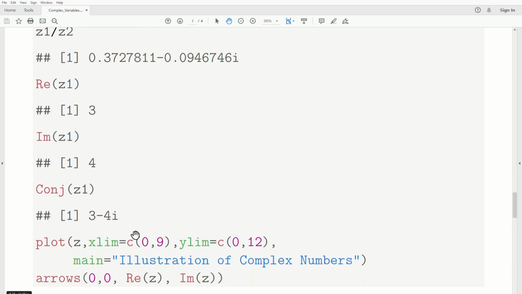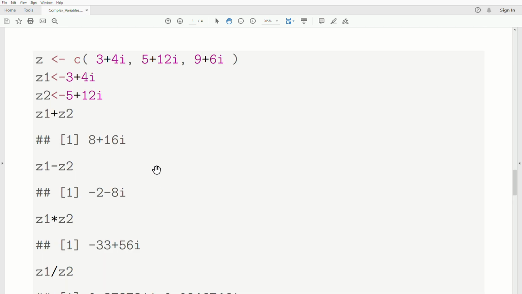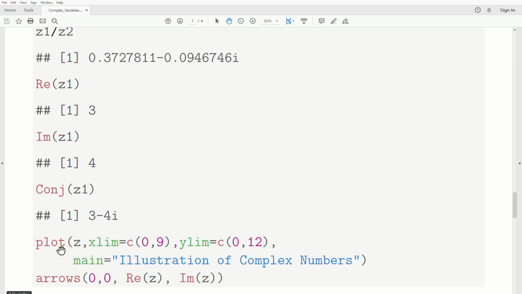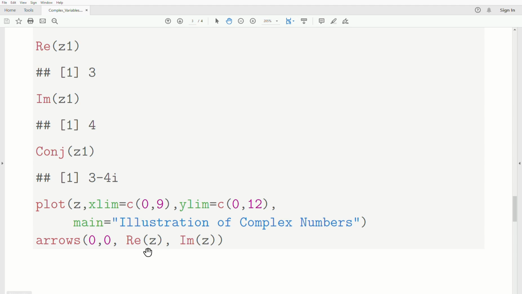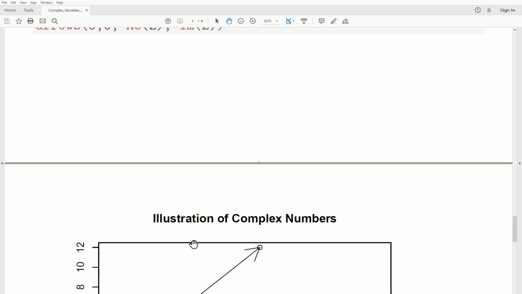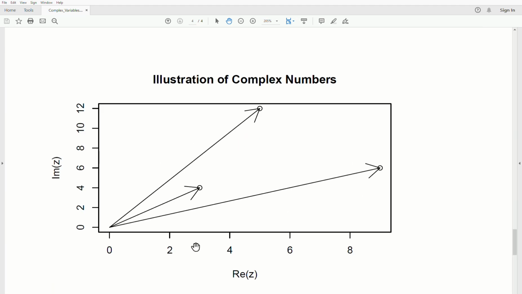We can plot complex numbers. So z was this vector of complex numbers. If we plot z, it automatically creates the Cartesian coordinate system and puts those dots. And then I use the arrows function to create little vectors. And let me show you what this is on the next page.